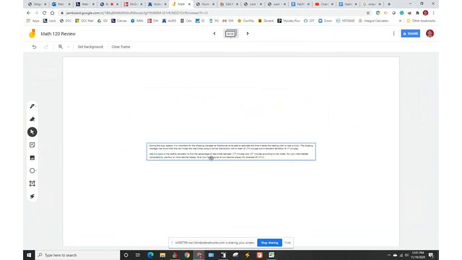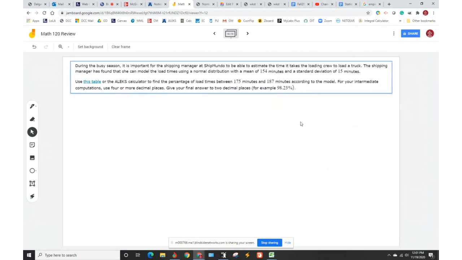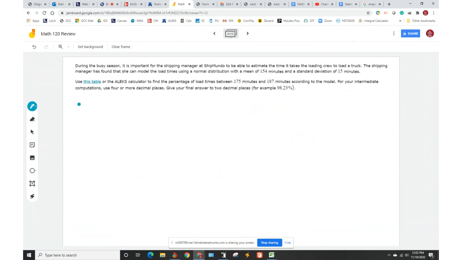Well, we're going to have two Z-scores. And just like the problem two back, we find the between by subtracting smallest from the largest. So I'm going to call the larger one Z1. This is the larger one. So here's our mean, and there's our standard deviation.